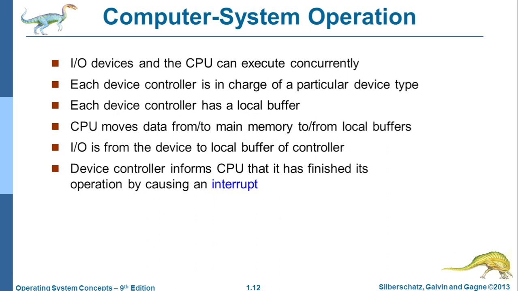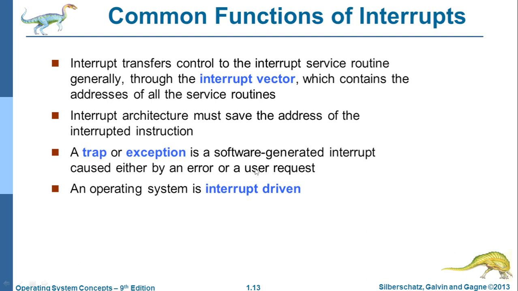We finish the program by causing an interrupt. This is an important question. We finish the program by causing an interrupt. How does an interrupt work? There is an interrupt vector which contains the addresses of all the service routines.